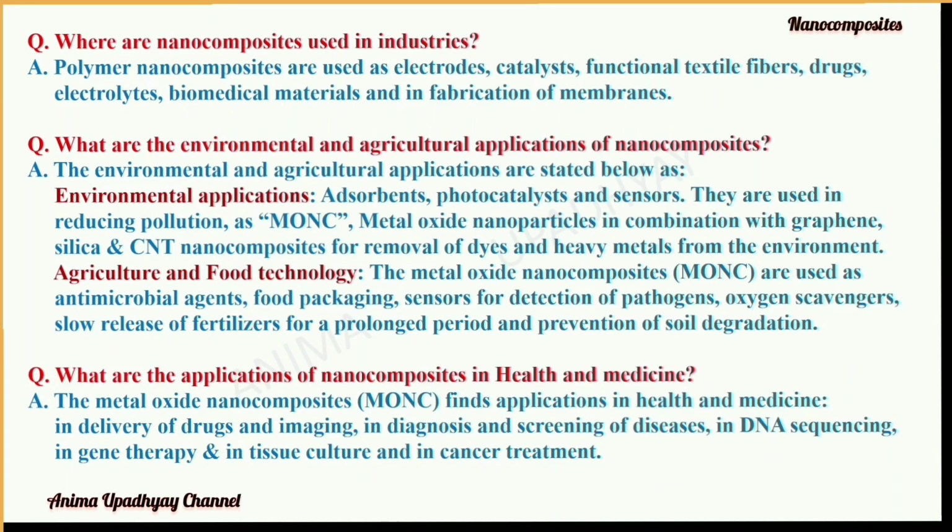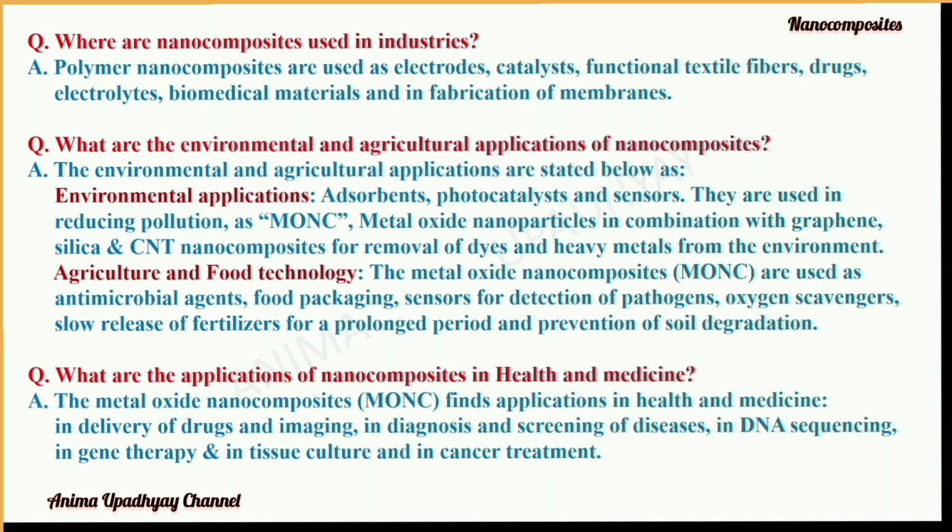Where are nanocomposites used in industries? They are used as electrodes, as catalysts, in functional textile fibers, as drugs, electrolytes, biomedical materials, and in the fabrication of membranes. What are the environmental and agricultural applications of nanocomposites?